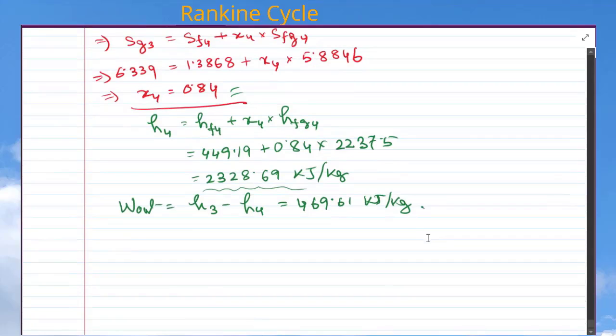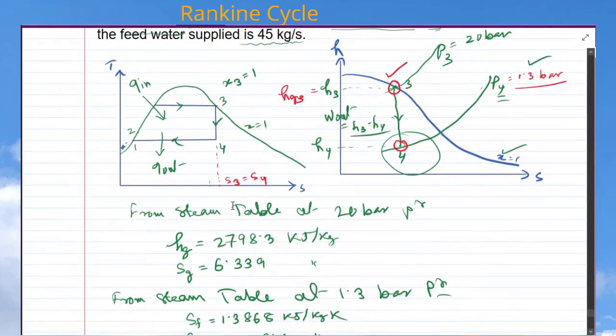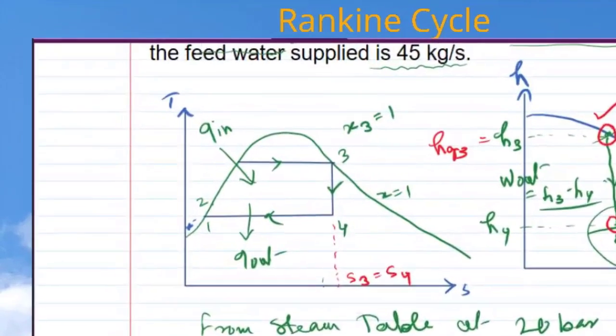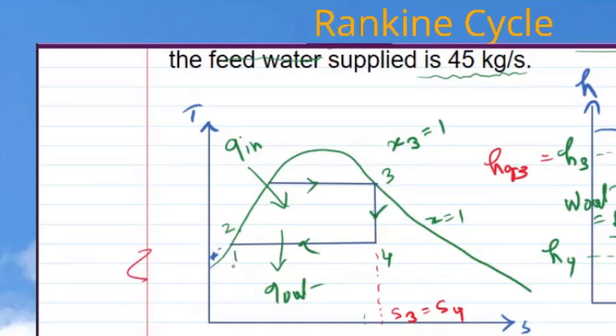By referring to the TS diagram, we can say Q in, the heat supplied in the boiler, is equal to H3 minus H1. So we can put the values: H3 is equal to 2798.3 minus H1.